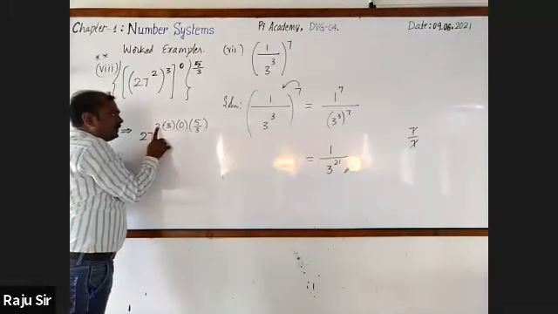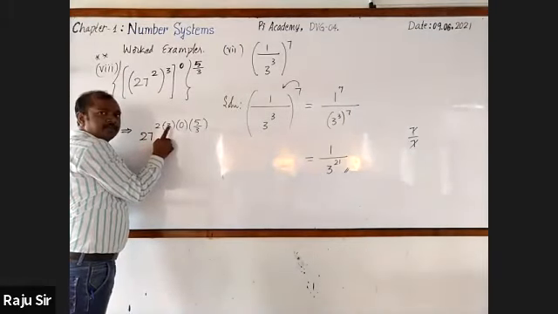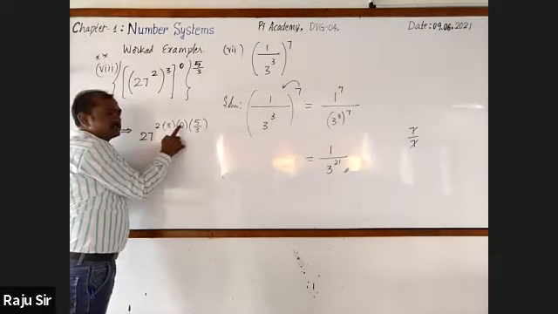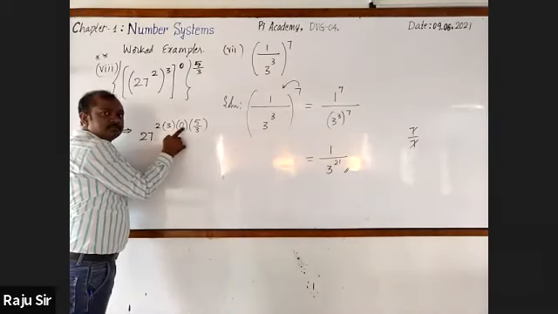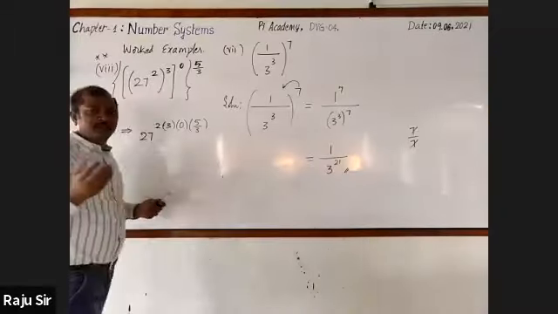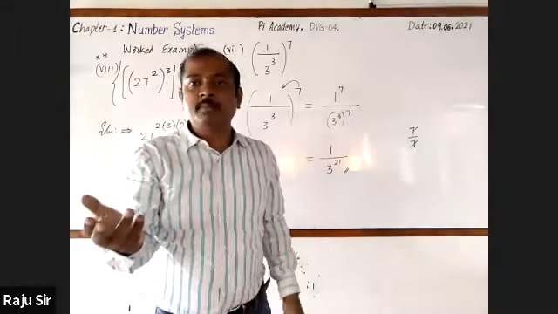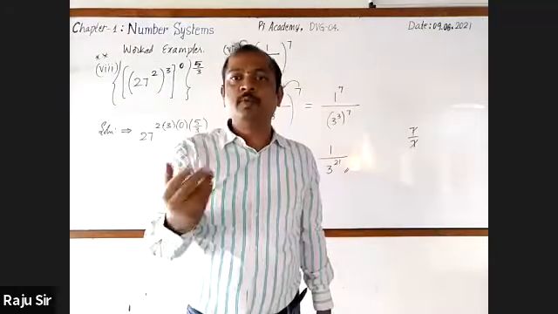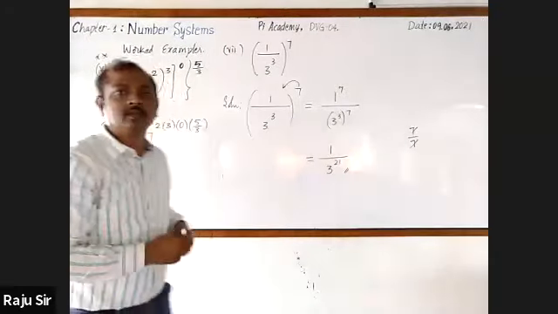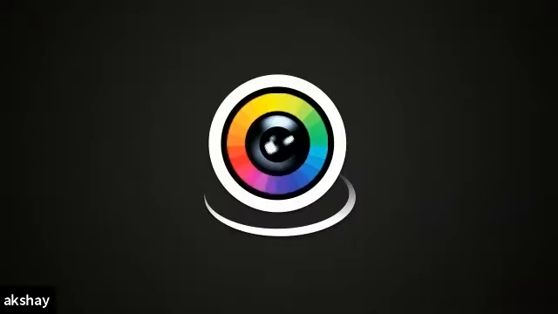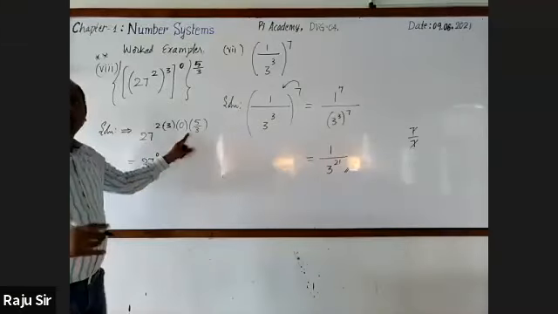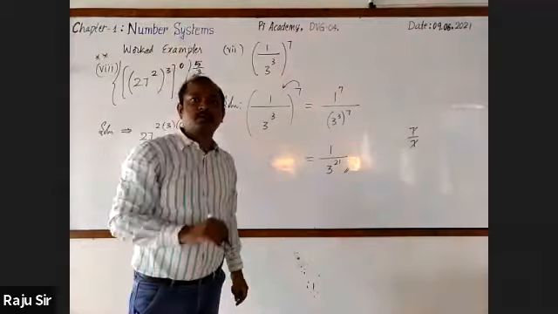You may go for multiplying this. 2 3s are 6, 6 zeros are 0, 0 into 5 by 3 is 0. When any number is multiplied by 0, we get 0 as the product. You can write it as 27 raised to the power 0. Is anything raised to the power 0?